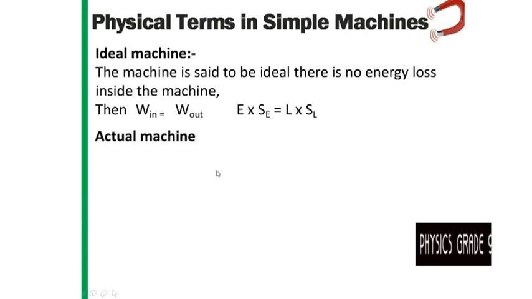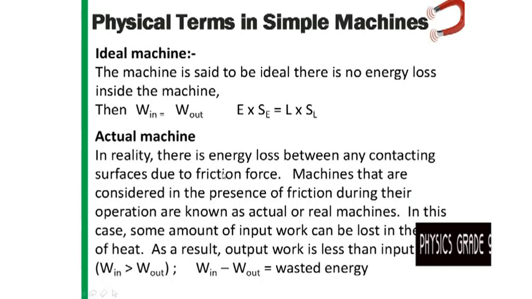Now, when we look at an actual machine, in other words, machines that we find in everyday life, in real situations, there is energy loss between any contacting surface, and this can be due to friction. You can have energy transferred into another form because of friction.